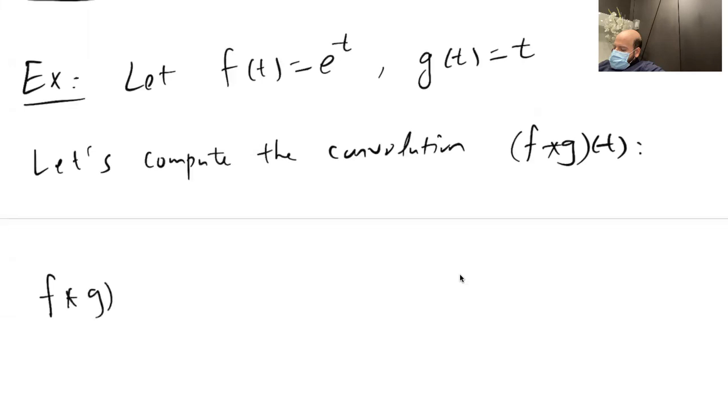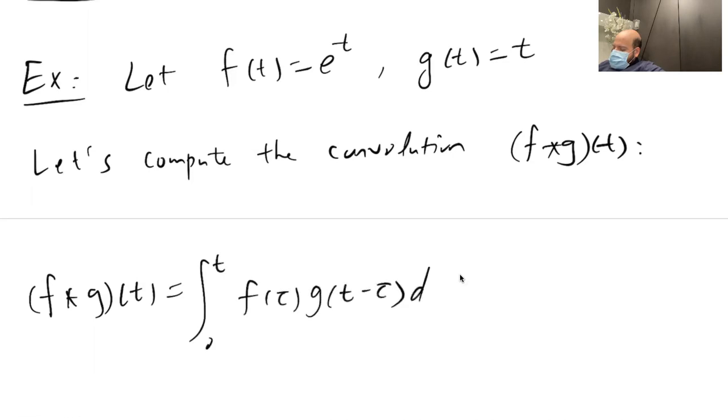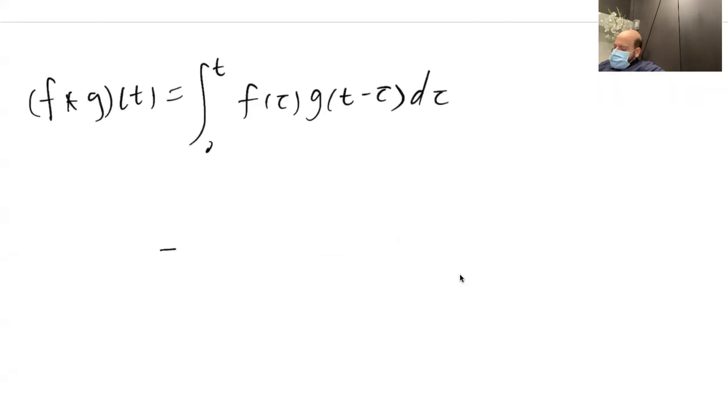We said it's the integral from 0 to t of f of tau g of t minus tau d tau. Then this will be the integral from 0 to t of e to the power tau times (t minus tau) d tau.